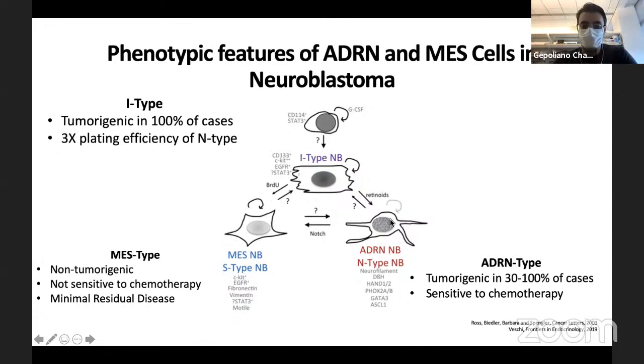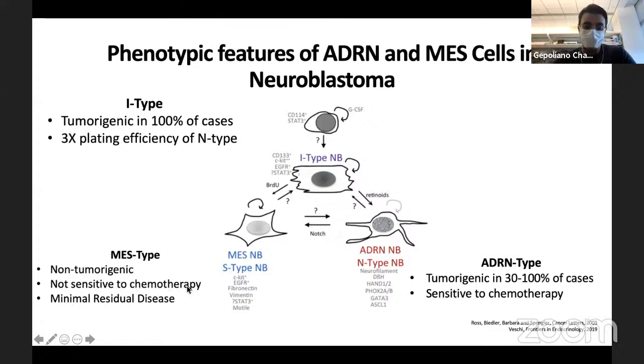So compared to the adrenergic cells, the mesenchymal cells are not differentiated. The mesenchymal cells are not tumorigenic in the sense that they do not grow as a tumor, but the problem is that these cells can differentiate into an adrenergic cell, and that is the problem, because although they are not tumorigenic themselves, they can differentiate and become tumorigenic.